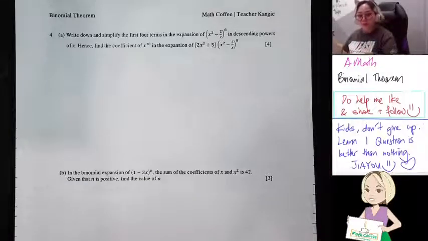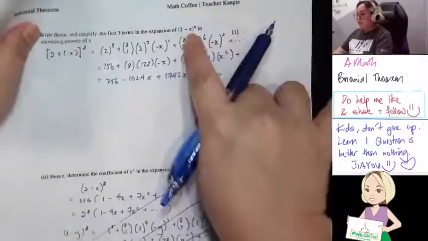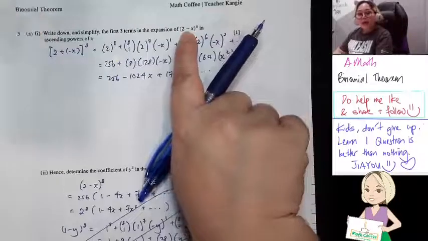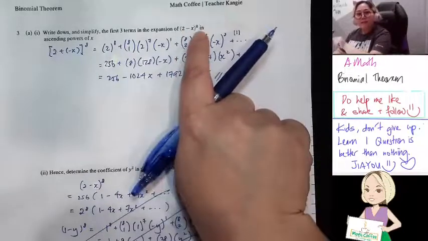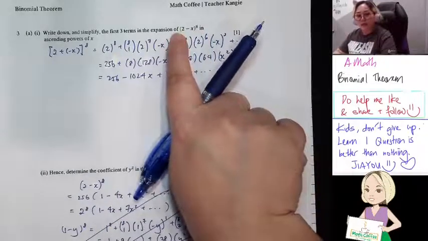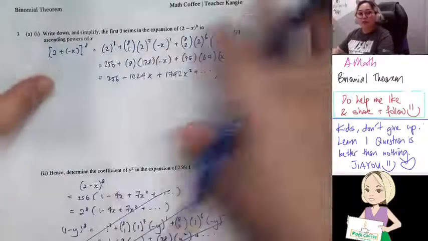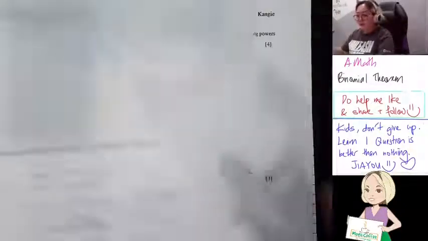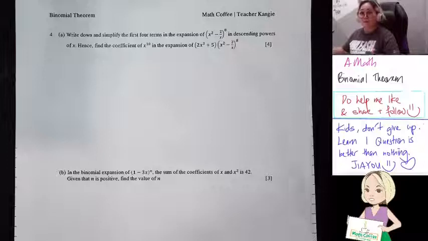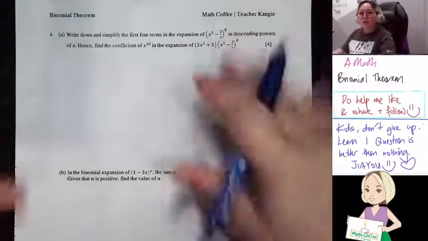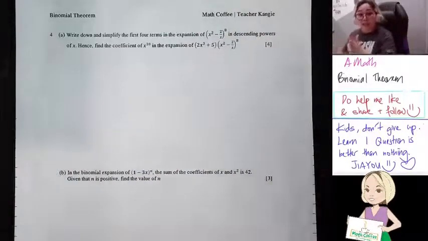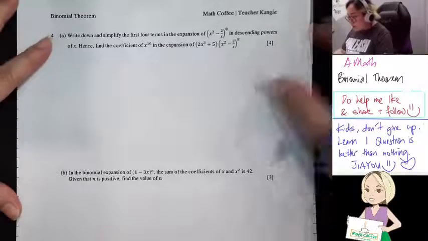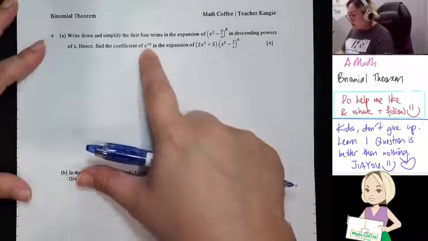In the other one, my a is x to the power of 0 and my b is x to the power of 1. The b power is higher than the a. That's why you have to swap if you want descending. But this type, you don't need. So you need to know when to swap. In this case, they already arranged it so that when you expand, it's descending power.